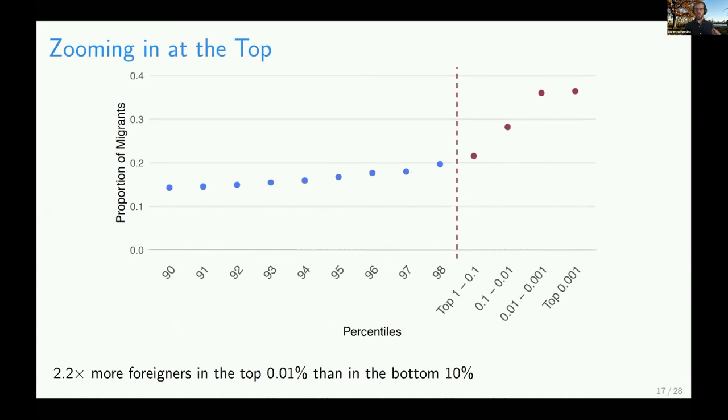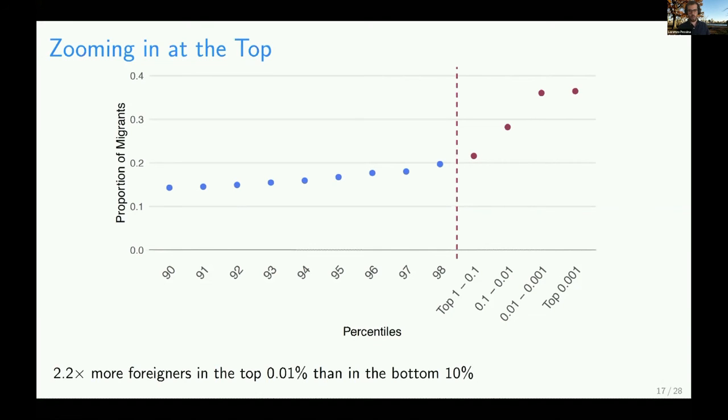If we zoom in on the top decile, we can see that there is quite a lot of heterogeneity even in the top percentile. You can see that the proportion of migrants rises gently from the 90th percentile of the income distribution, but it is at the very top that migrants appear to be concentrated, with more than a third of individuals in the top 0.01% being migrants.